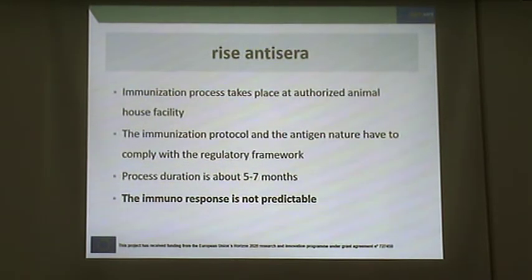Now we raise antisera, and what is important in terms of processing is that the immune response is not predictable. Once we have injected the animal, we don't have control of the process. That's why it's so important to have an optimal antigen preparation.